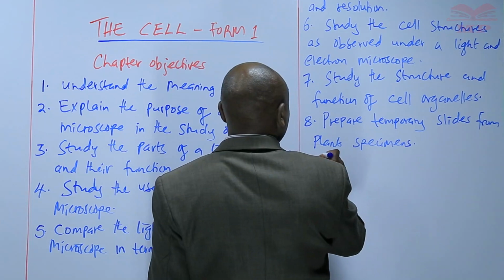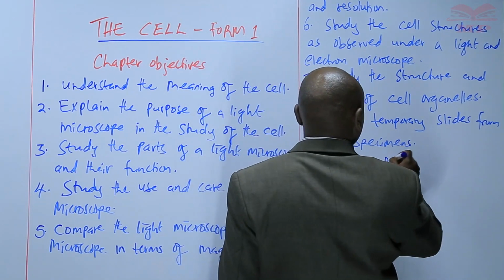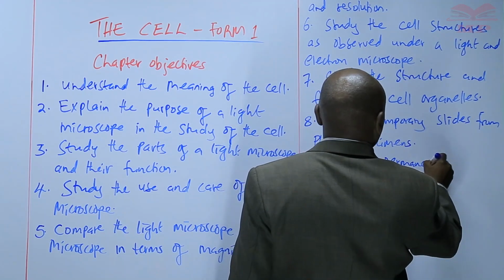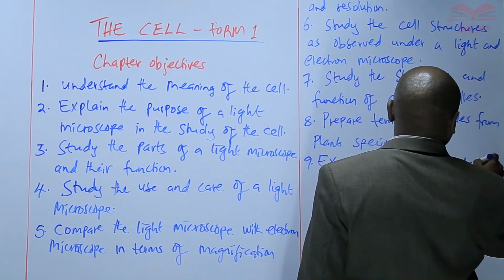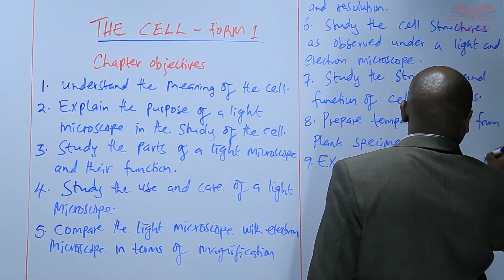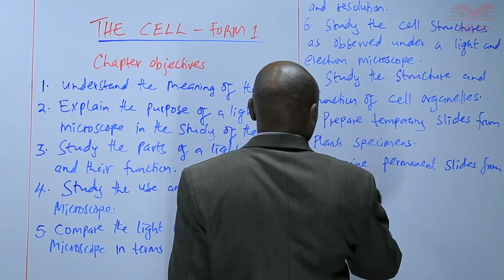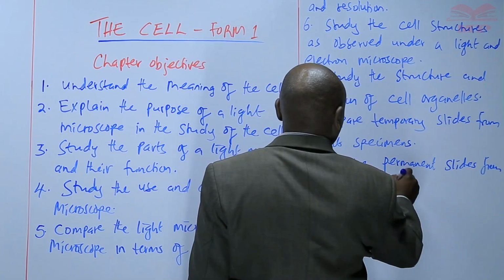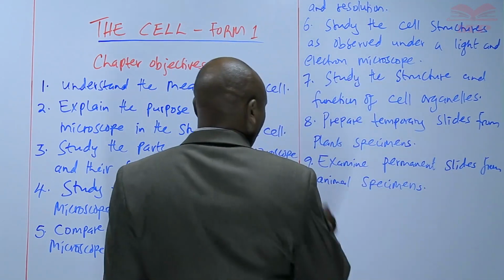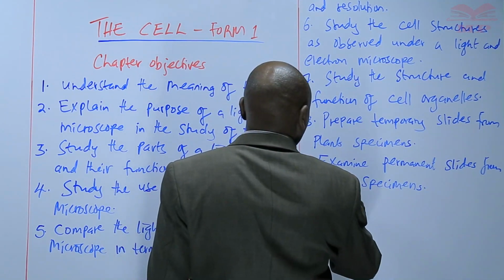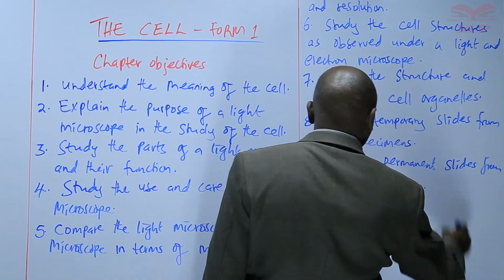And then 9, we'll examine permanent slides from animal specimens. Number 10, we'll compare plant cells and animal cells.